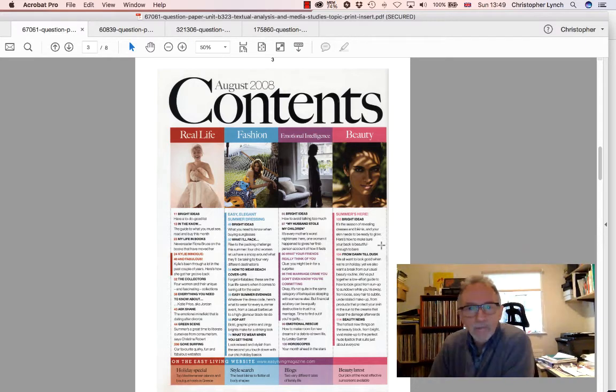And then of course you'll have time to look at the details under these different headings, which are colour coded, aren't they? They're all kind of fairly close on the colour spectrum. You've got a kind of reddish pink and a reddish brown and a blue and a combination of those colours for emotional intelligence.